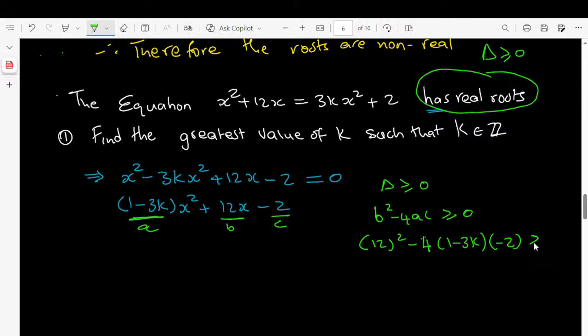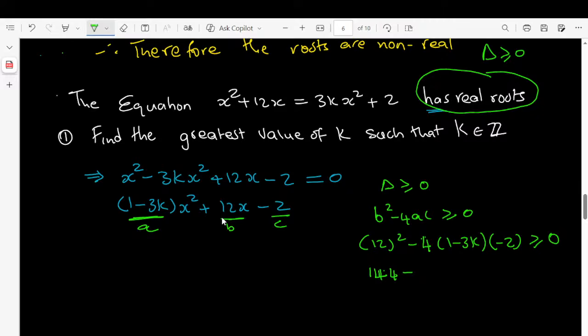Remember, this is greater than or equal to 0. Look at this. What is 12 squared? 144, I'm sorry, 144 minus, I need to multiply out of the brackets here.